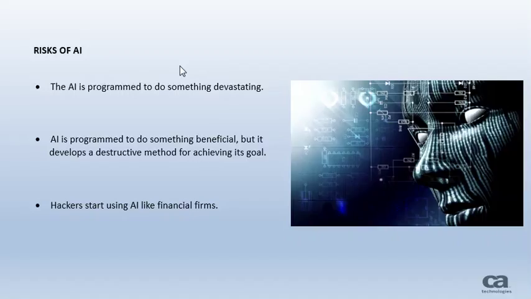Next is hackers start using AI, like financial firms. If banks and credit card firms adopt machine learning to improve their services, so will the hackers. For instance, the report said that criminals could use AI techniques to automate tasks like payment processing, presumably helping them collect ransoms more quickly.